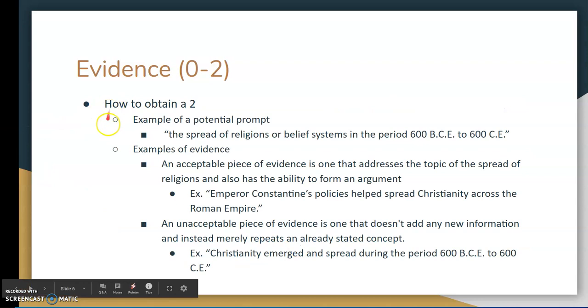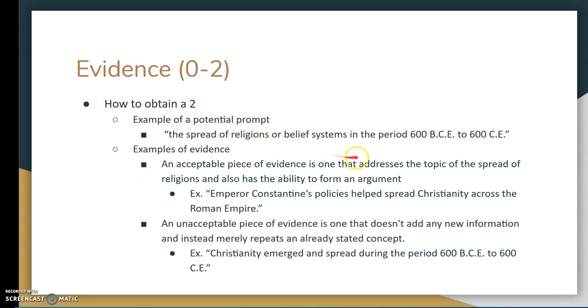Oh, and there's more. How to obtain a 2. So, an example of a potential prompt: the spread of religions or belief systems in the period between 600 BCE and 600 CE. An example of evidence would be Emperor Constantine's policies helped spread Christianity across the Roman Empire.